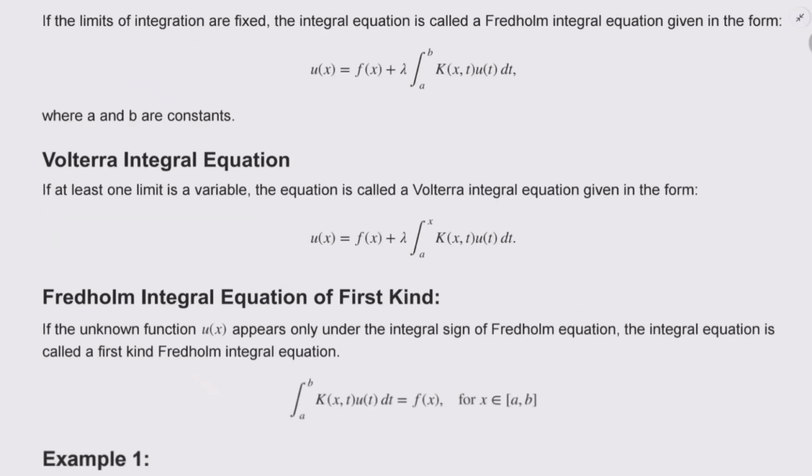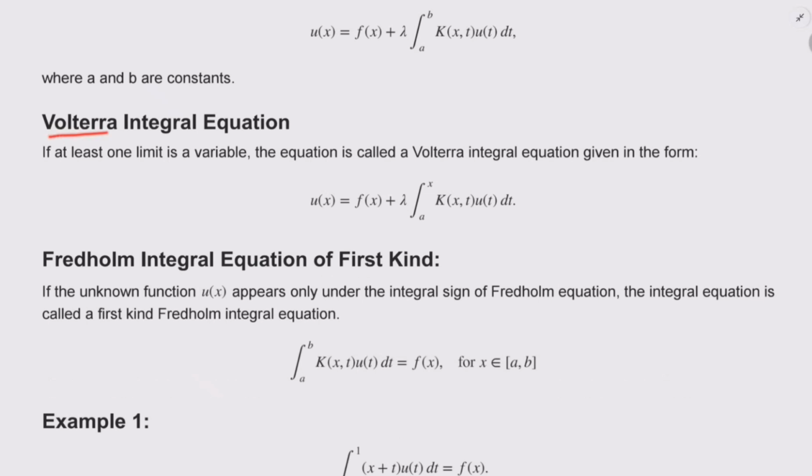The second one is the Volterra integral equation. In the Volterra integral equation, there is a lower limit which can be a constant, fixed, but the upper limit is a variable.